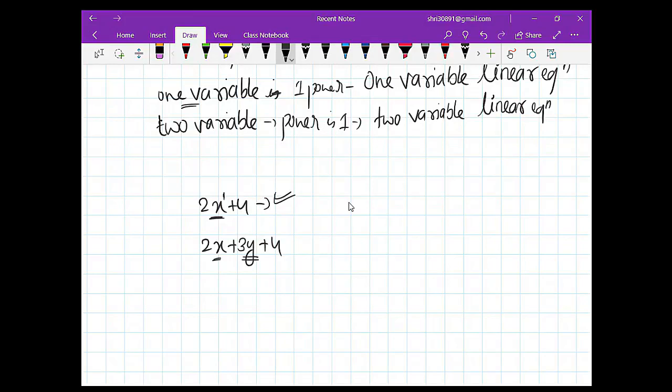The power of x is 1 and the power of y is also 1, so we call it a two variable linear equation. Here it is only one variable.